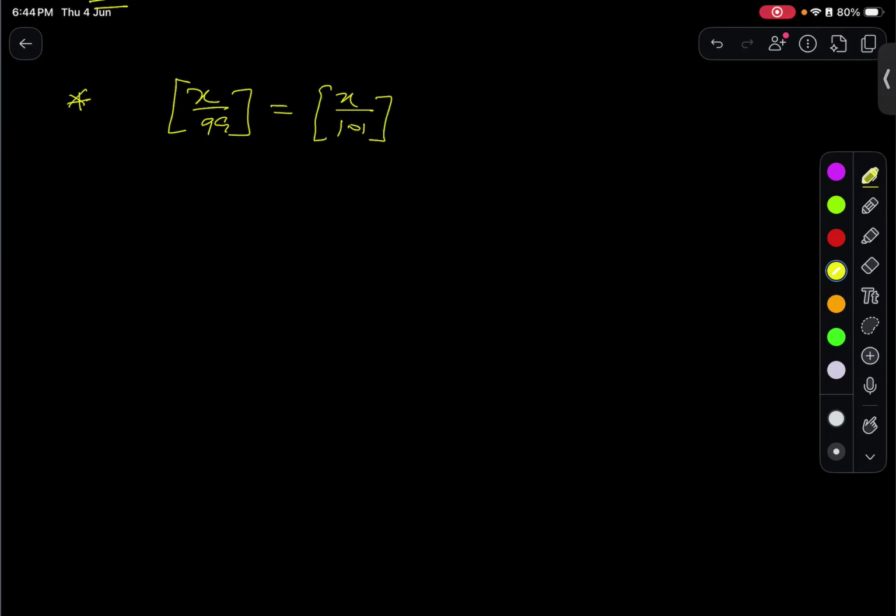Or should I start now? So first, when I'm showing, I'm calculating this value is 0, when this will be 0. So this will be 0 when x is equal to 0, 1, 2, up to 98. Right, so for the first value, this will be 0. And you can see the pattern.